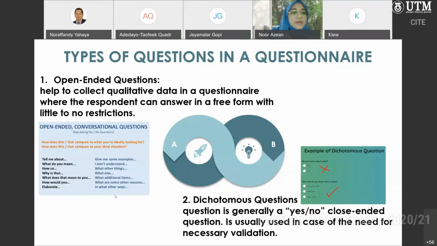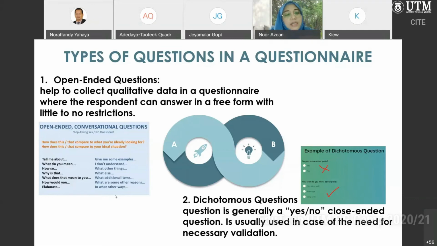Okay, back again to the open-ended question. There's an example here. When you put an open-ended question, please use words that can provoke them, that can push them to answer in more detail. For example, tell me about, what do you mean by, what does that mean to you, what additional items.